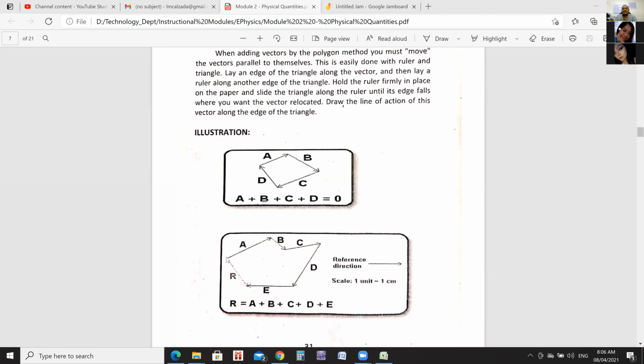Then from the beginning, there is a tail of vector A, going to the head of the last vector, which is vector E. That is now our resultant.